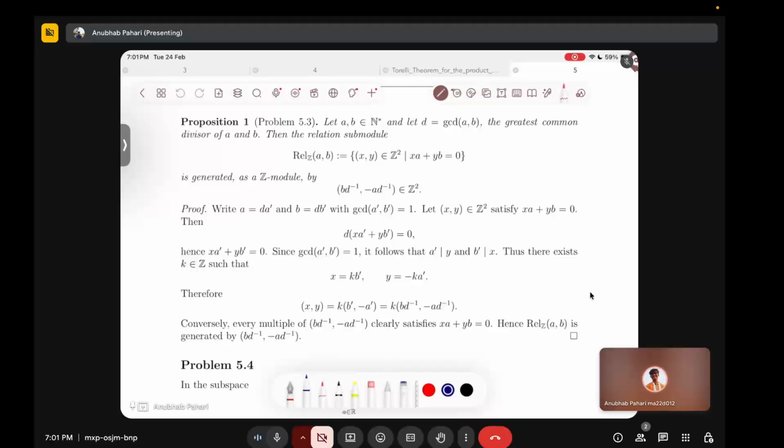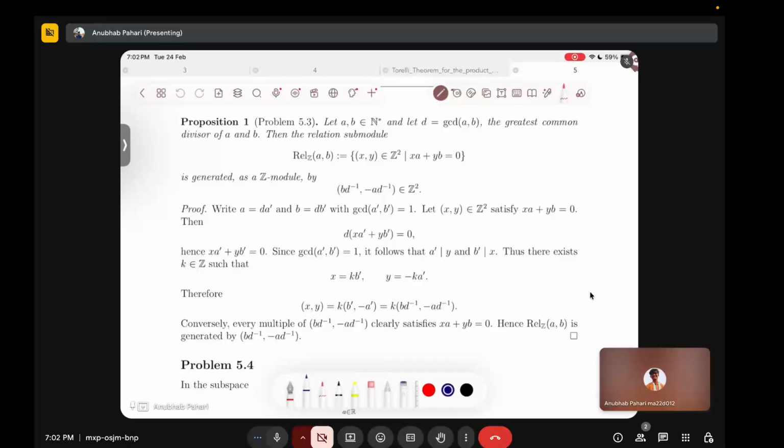You see that a and b are fixed. What is varying is d? No, d is also fixed, that is the GCD of a, b. So what you see is that this is generated by this single element. So we have to prove that.